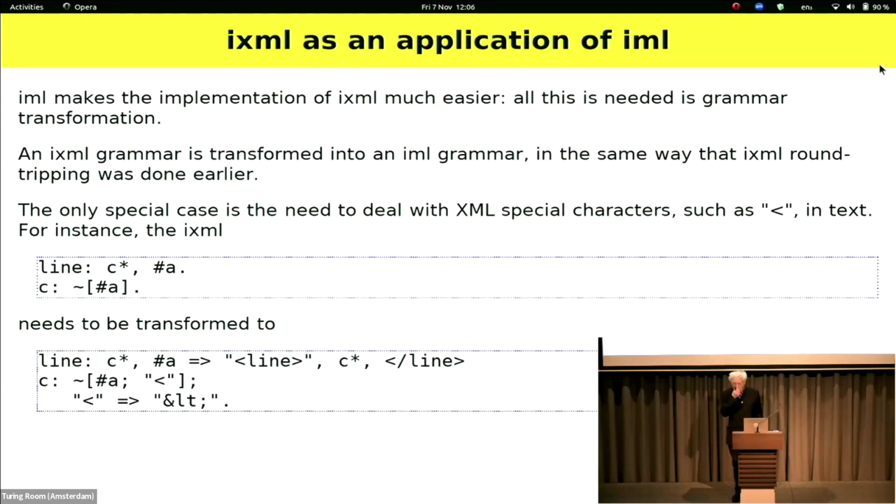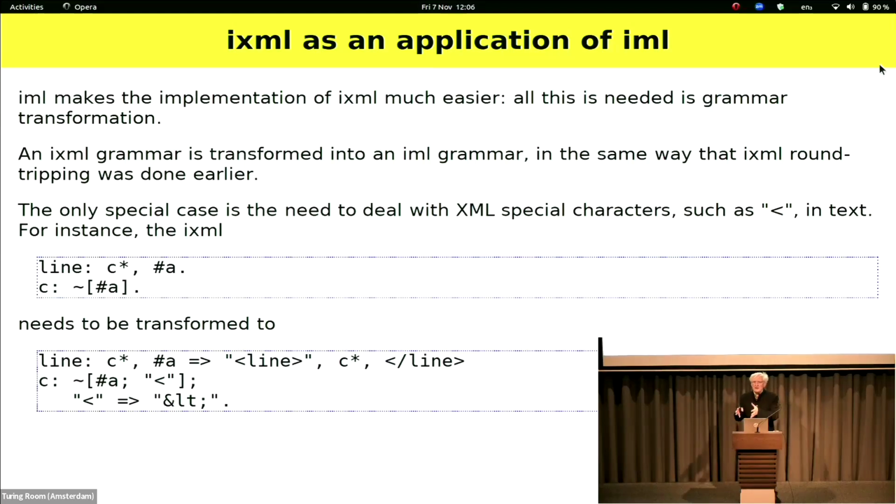Now, IML actually makes the implementation of ixml much easier, because now all we need for ixml is grammar transformation. So we transform an ixml grammar into an IML grammar in the same way that ixml round-tripping did that.